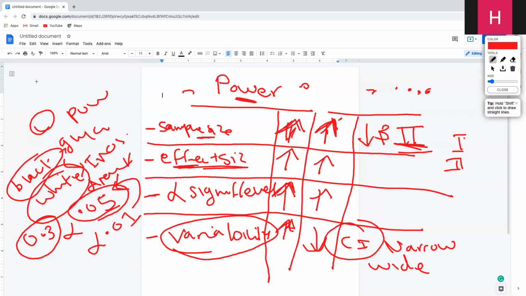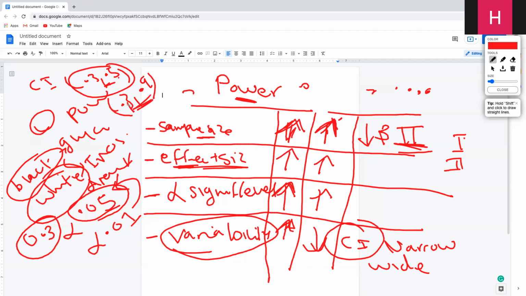And that's why if I give you the boundaries of a confidence interval, like 0.3 and 0.5 versus 0.3 and 0.9, which one is better? This one is better because the difference between 0.3 and 0.5 is narrower than the difference here.